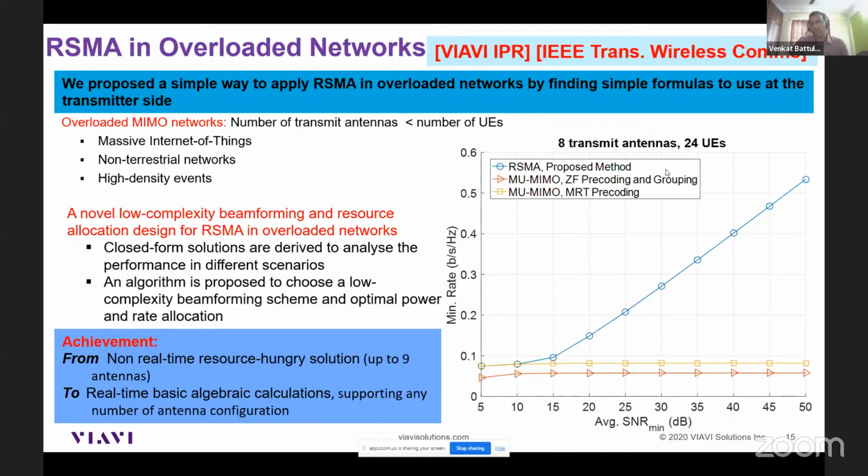You can see at a particular average SNR that the RSMA performance is linear. As the SNR increases, the other technologies saturate, whereas RSMA just keeps going, because at a higher SNR you can increase the data rates that are part of the common stream. So you get more and more spectral efficiency.